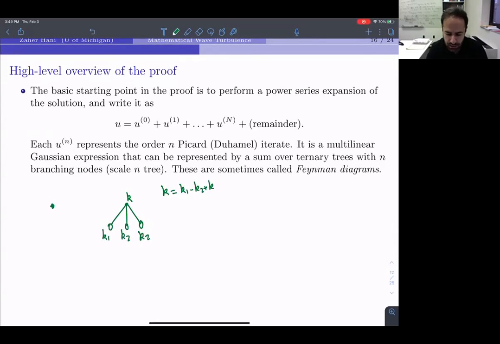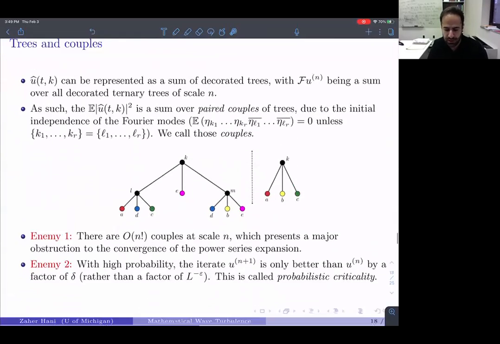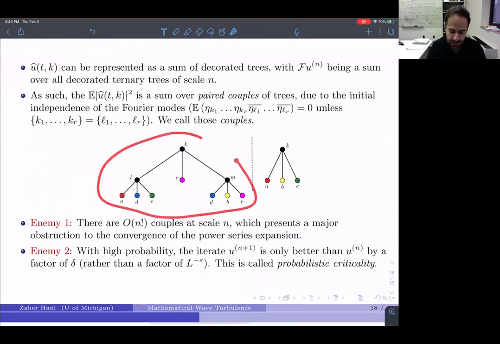And in general, if you look at U2, then you would have a tree that has 2 branching nodes. These are the leaves of the tree, where you would have wave numbers. And more generally, if you look at the nth iterate, then you would get a tree that has n branching nodes. We call that the scale of the tree.